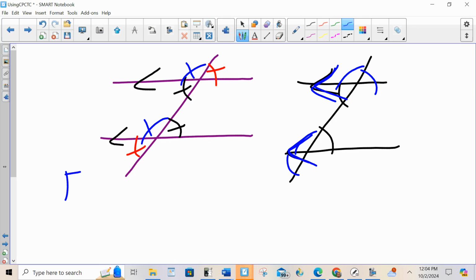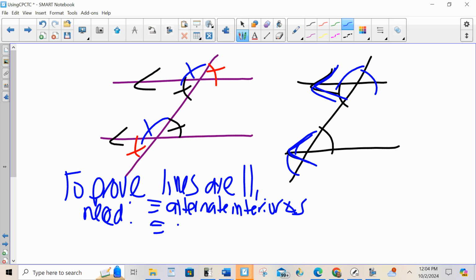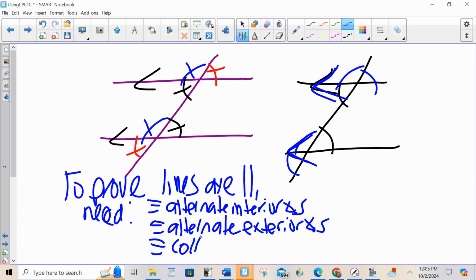So, to prove, and we came up with this earlier in the course, not with proofs, to prove or show that lines are parallel, I need either congruent alternate interior angles, congruent alternate exterior angles, or congruent corresponding angles.